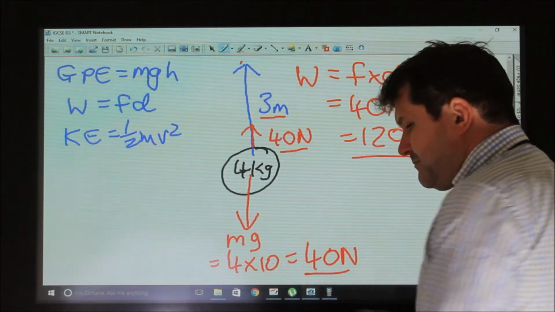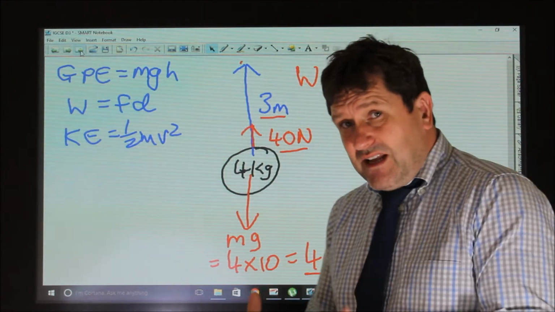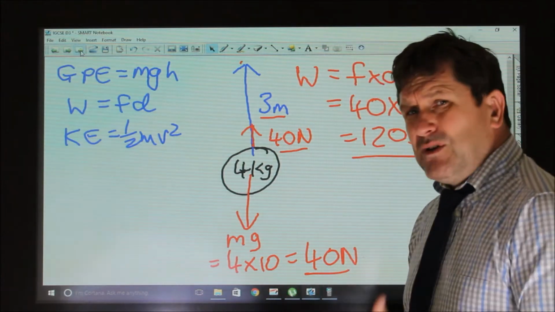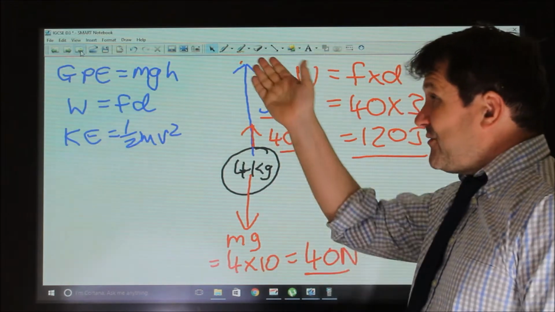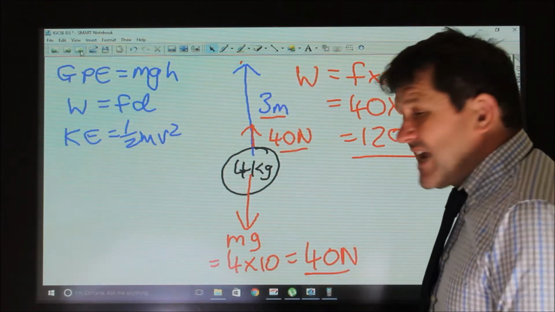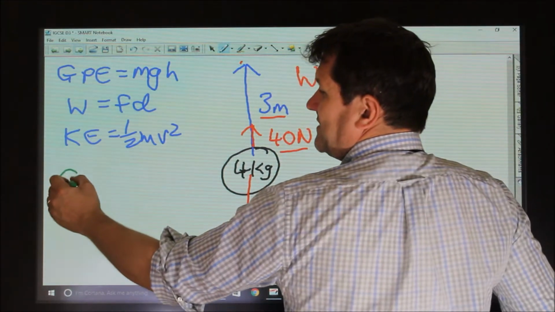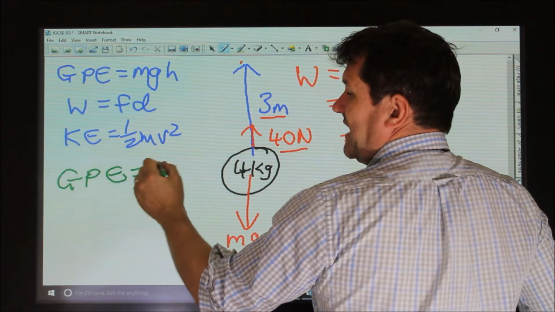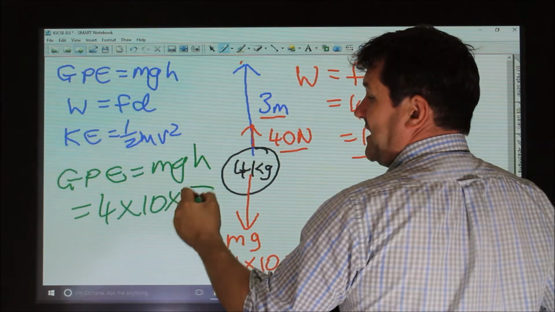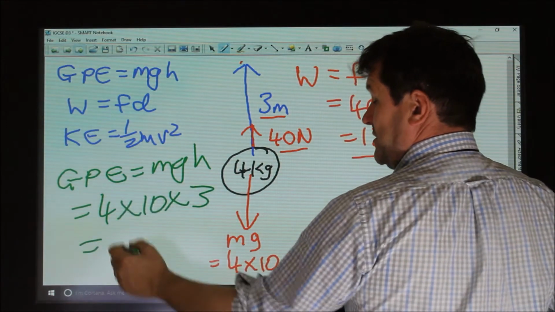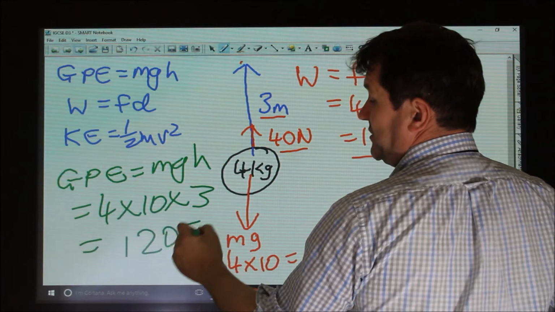Now, because of the principle of conservation of energy, that must be exactly the same as the gravitational potential energy it will have when it gets there. So just to check that, the gravitational potential energy is mgh, which is 4 times 10 times 3, which equals 120 joules.